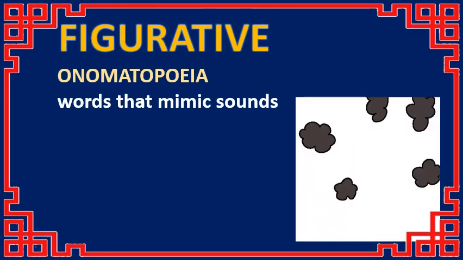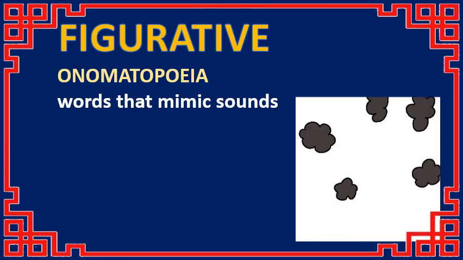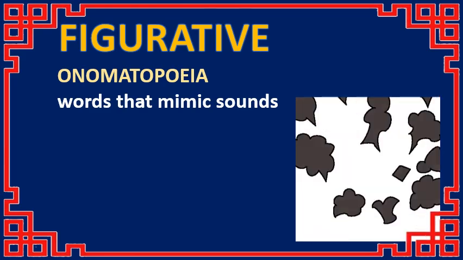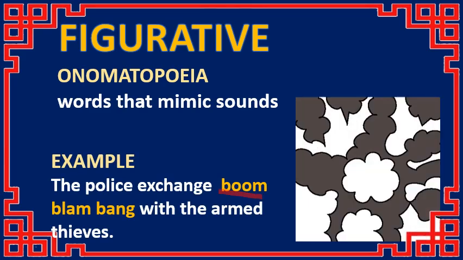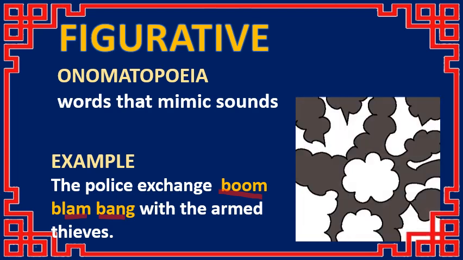Another example of figure of speech is called onomatopoeia. Onomatopoeia are words that mimic sounds in your sentence. For example, the police exchange boom, blam, bang with the armed thieves.